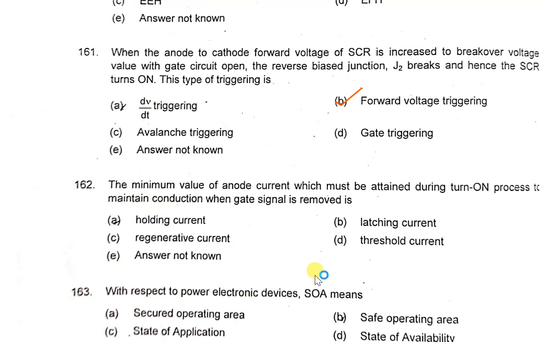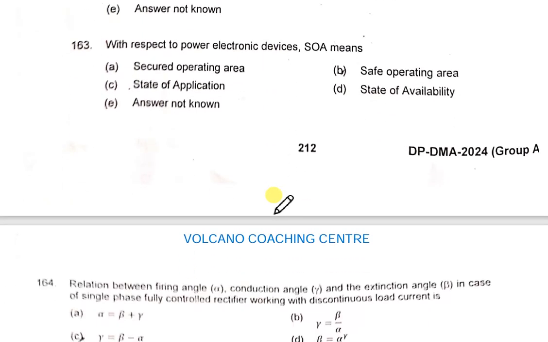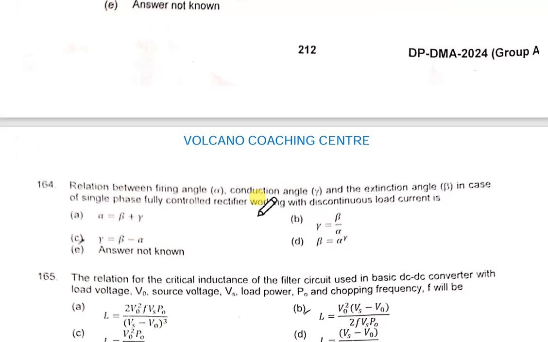The minimum value of anode current which must be attained during turn on process to maintain conduction when gate signal is removed is called latching current. With respect to power electronic devices, SOA means safe operating area. Option B is the correct answer.